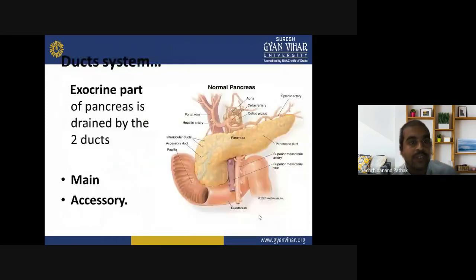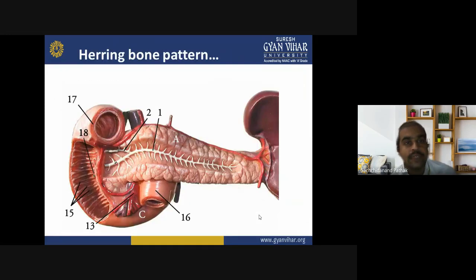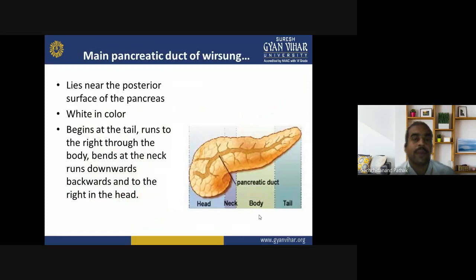Body relations, tail, duct system. The exocrine part of the pancreas is drained by two ducts, the main duct and the accessory duct. These form a herringbone pattern. The main pancreatic duct of Wirsung lies near the posterior surface of the pancreas, white in color, begins at the tail and runs through the body, bends at the neck, and runs downwards, backward, and to the right in the head.